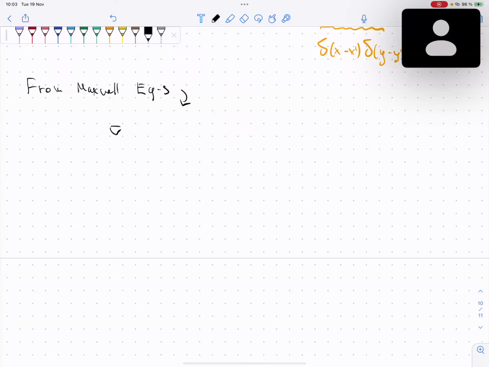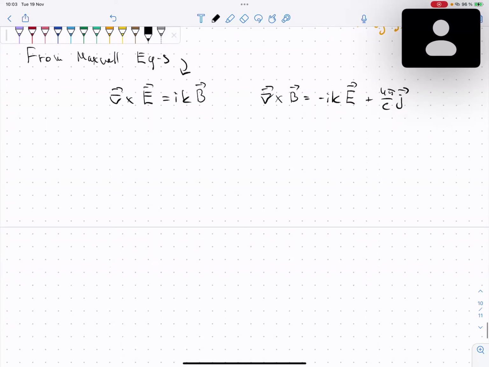Maybe let me do this quickly. The curl of the electric field equals ikB, and the second equation is the curl of the magnetic field equals minus ikE plus 4π over c J. So basically we take the curl of this equation, and we assume this is just air, so epsilon equals 1, mu equals 1. Just for simplicity. We can do it in the other case, but just for simplicity, let's do it like this.